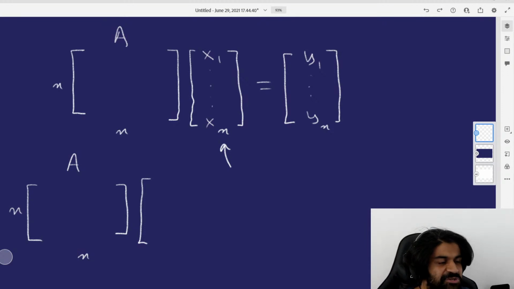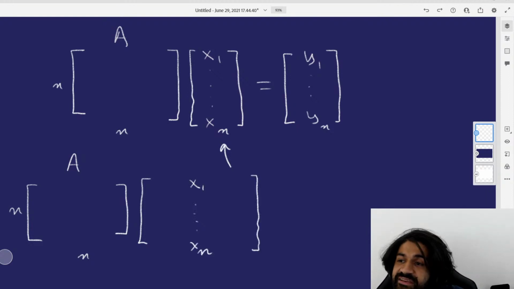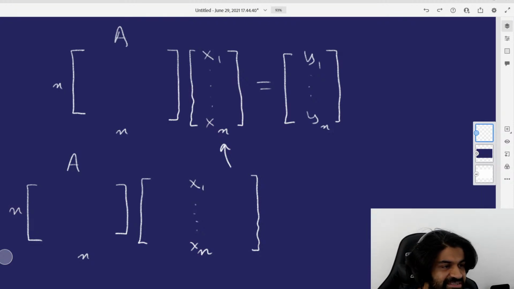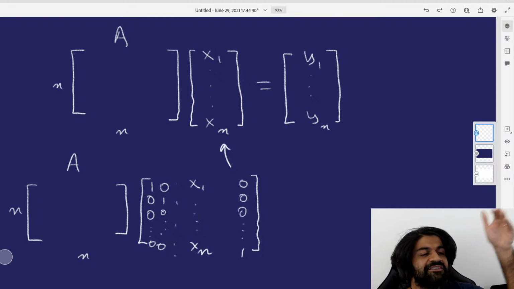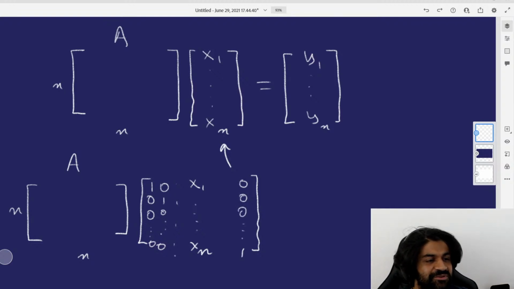What you'll do is leave x1 through xn in the ith column of this matrix. And for the rest of it, you just put in the identity matrix. So it's going to be 1, 0, 0, whatever, 0, 1, 0, whatever. You just keep going, and this will end in a 0, 0, 0, 1. Remember, you're leaving the ith column as x1 through xn. So this is the ith column over here.